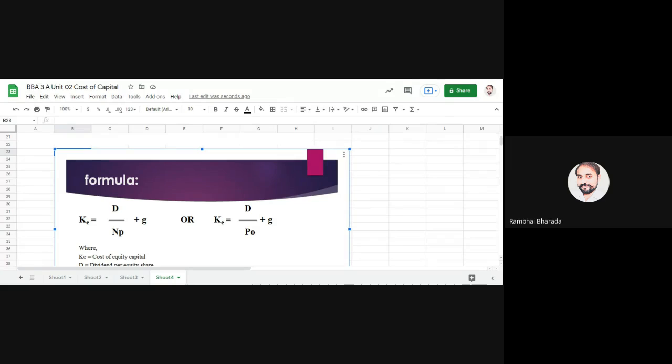The first part, KE, cost of equity capital, is equal to D divided by NP. Additionally, we need to add G. And here G doesn't stand for a girl or a girlfriend. It stands for growth rate. Okay, or G again does not stand for golgappe.